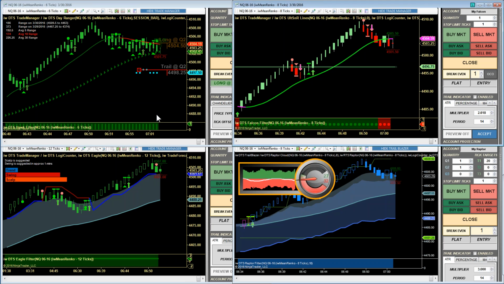So in other words, if the E-mini makes a $200 move, the NASDAQ will make a $200 move. But whereas the NASDAQ is only $5 a tick, the E-mini is $12.50 a tick.